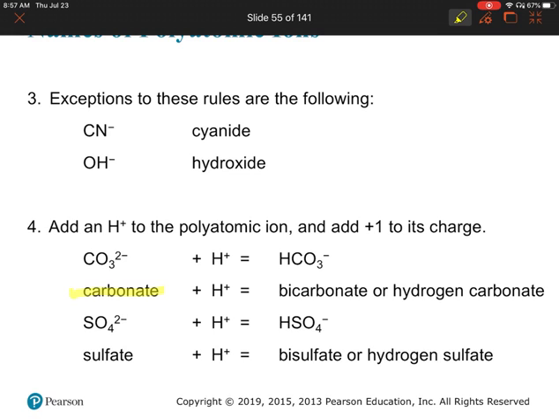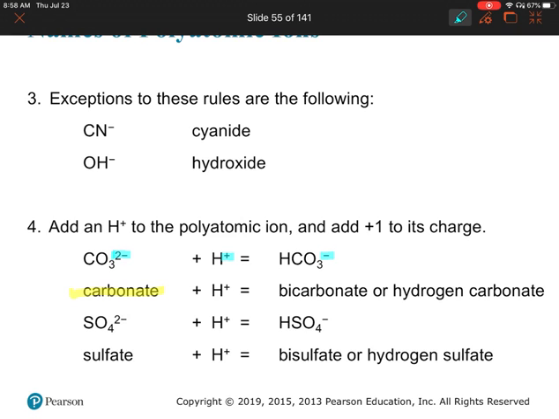Originally carbonate has a 2 minus charge, and if we add a hydrogen ion, which has a plus charge, we end up with just a -1 charge on the resulting polyatomic ion. So we've increased the charge to -1 from -2.